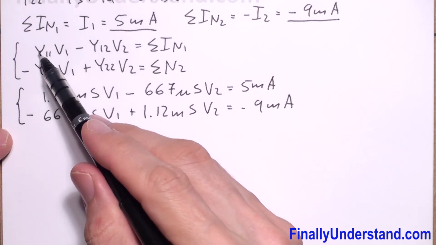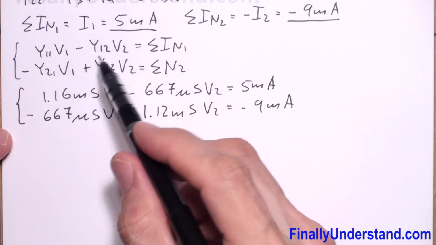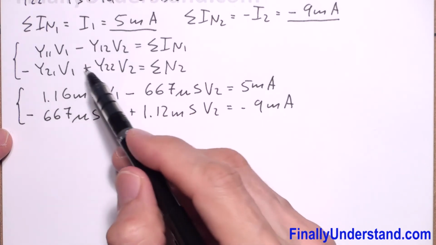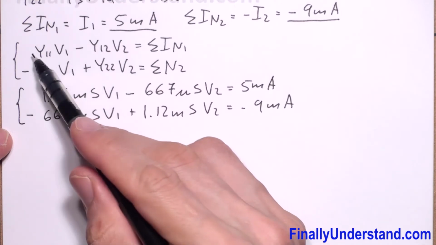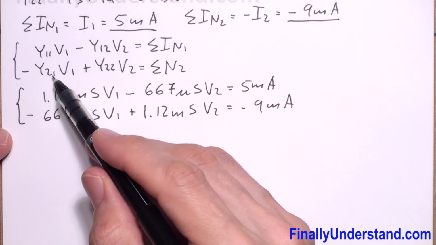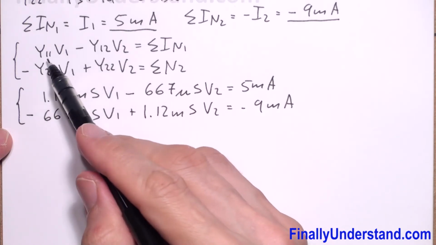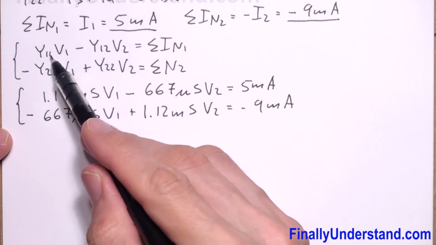So I have y11. Anytime you see 1 1 or 2 2, these y's are going to have always positive sign at the front. If you have different combination like 1 2 or 2 1, they are going to have always negative sign. Imagine this is like a first row and first column.